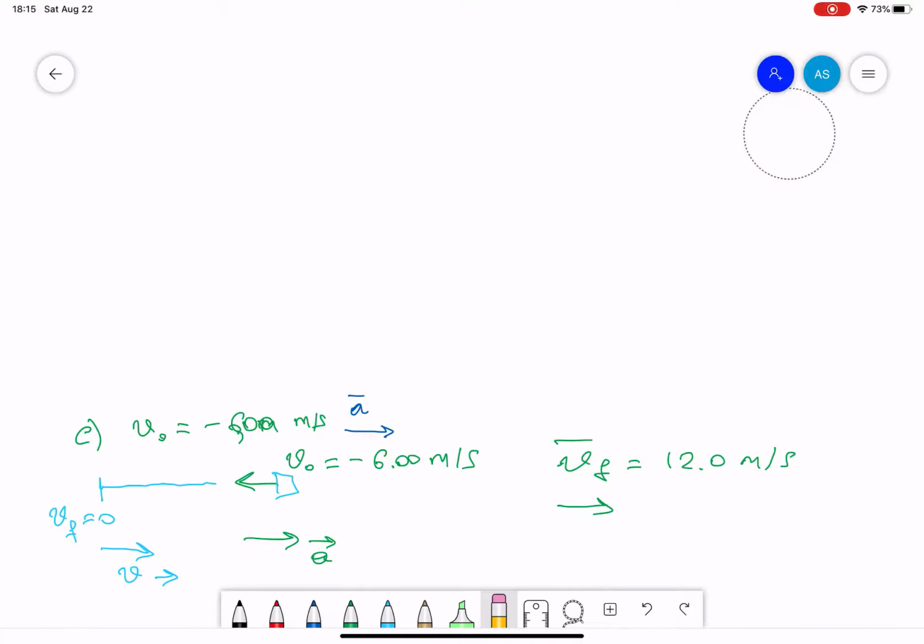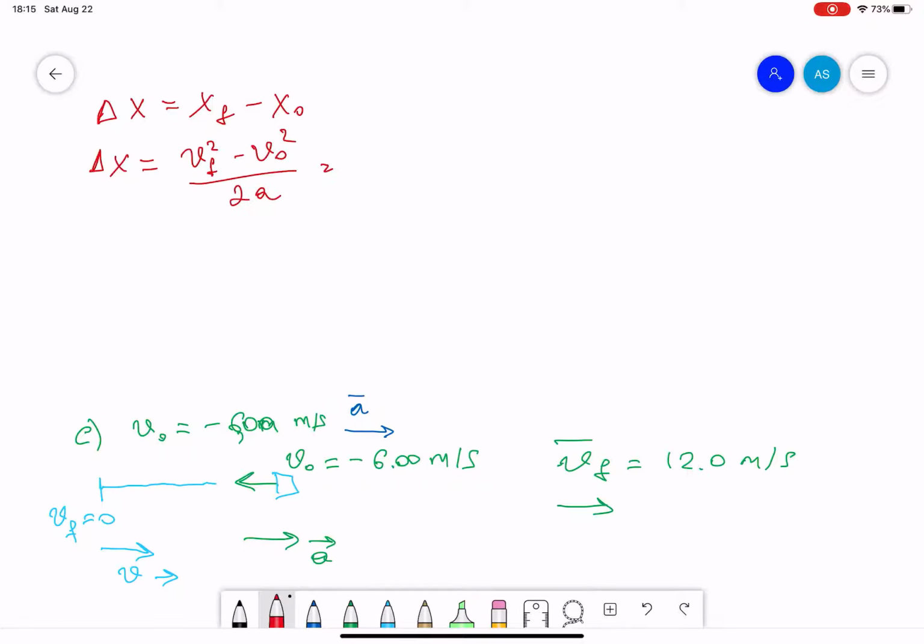We know that our displacement is only x final minus x initial. We're only interested in x final minus x initial. So by the same formula which we used previously, delta x is v final squared minus v initial squared, divided by 2a. Now let's plug in the numbers.